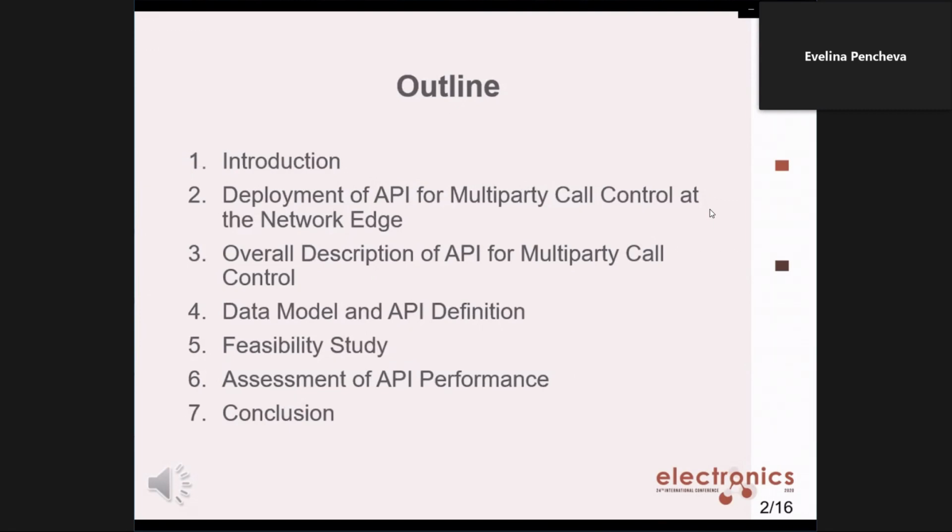The service feasibility is illustrated by modeling the multi-party call state as seen from the network and application points of view. The assessment of application programming interface performance is done theoretically and by emulation. The conclusion summarizes the contribution.